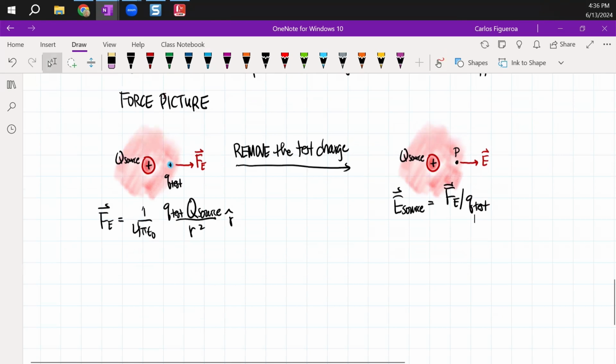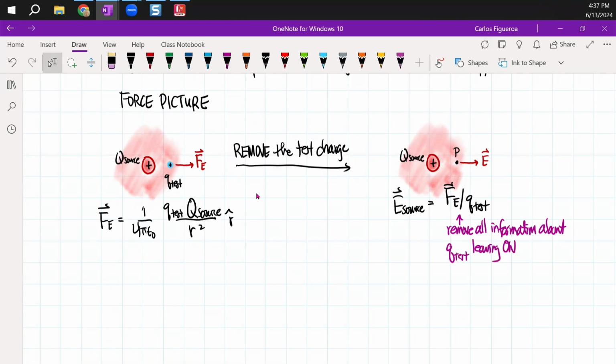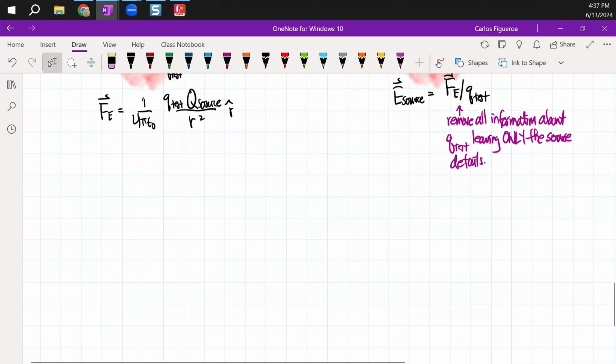When I do that, what ends up happening is that we remove all information about Q test, leaving only the source details. In other words, it's the electric field. So then we could come over here and define it.